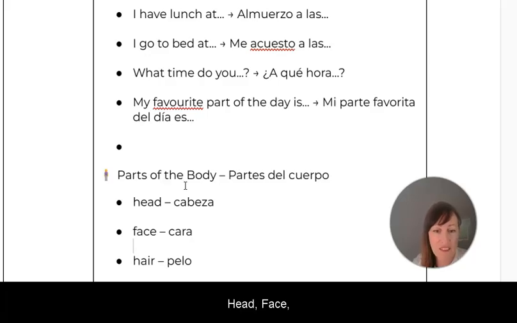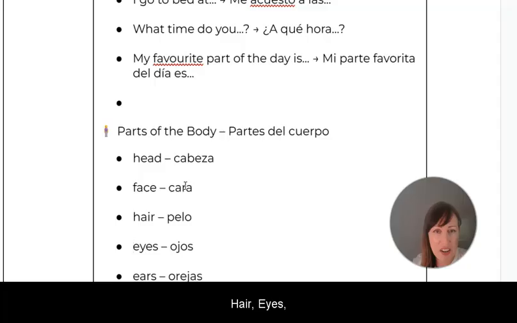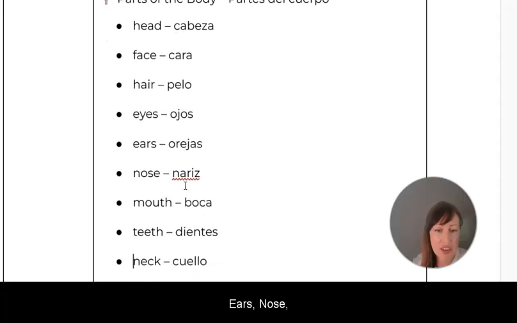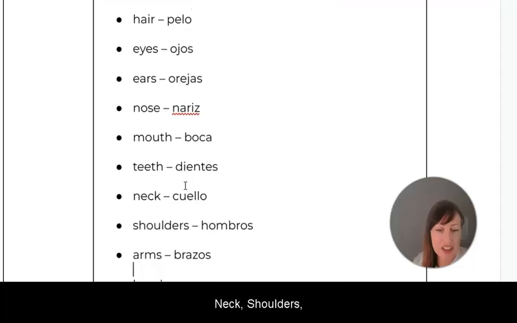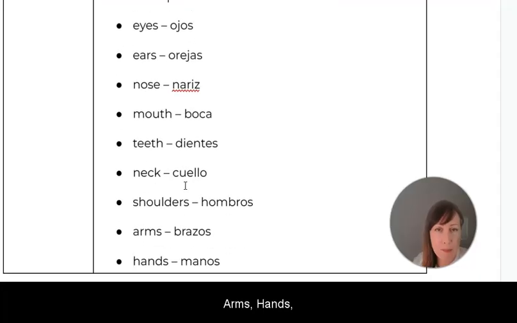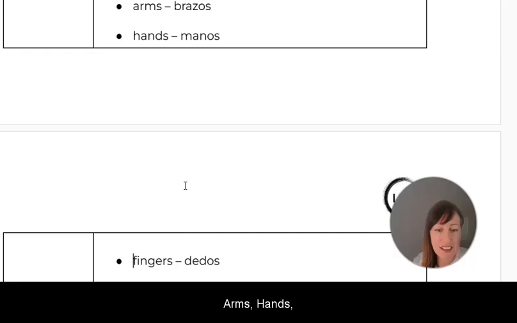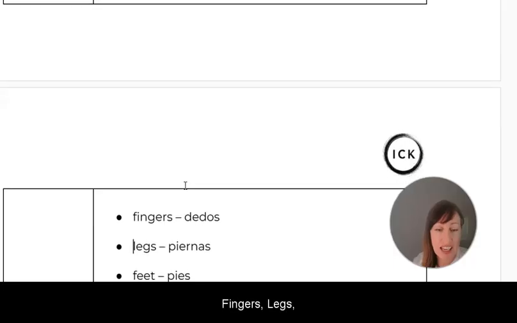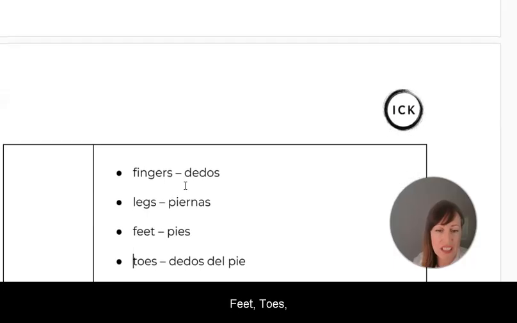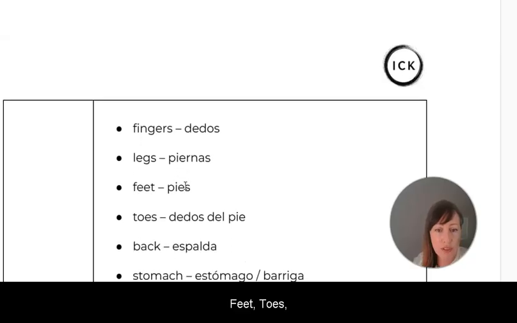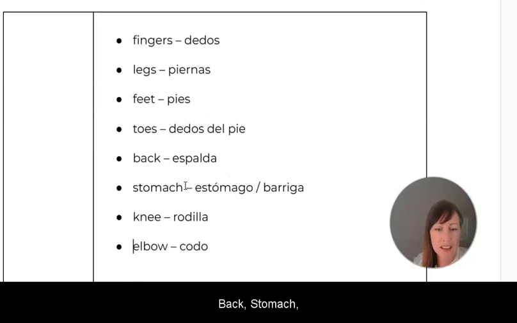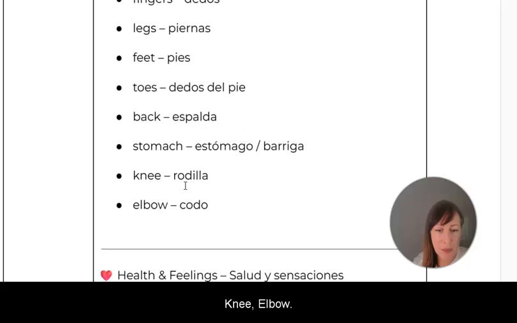Head, face, hair, eyes, ears, nose, mouth, teeth, neck, shoulders, arms, hands, fingers, legs, feet, toes, back, stomach, knee, elbow.